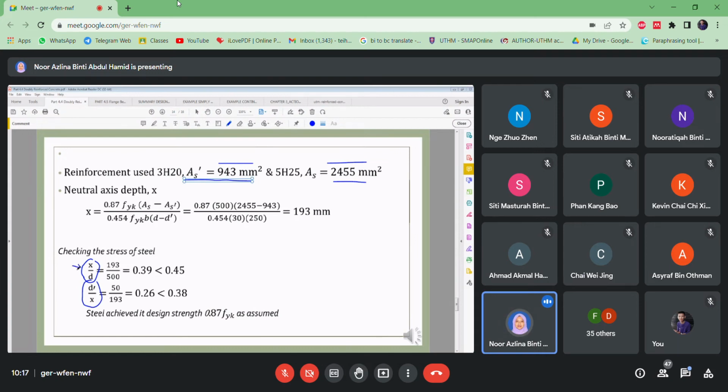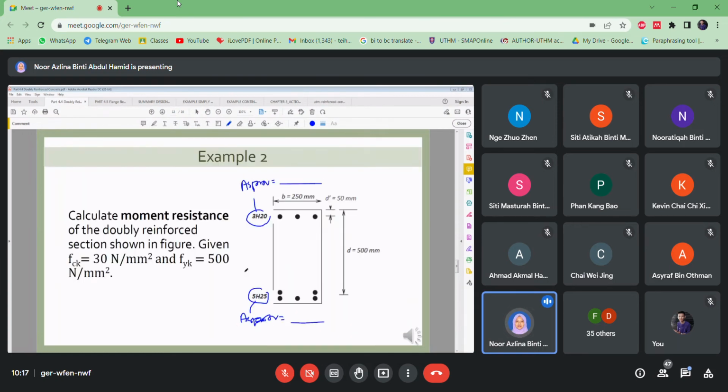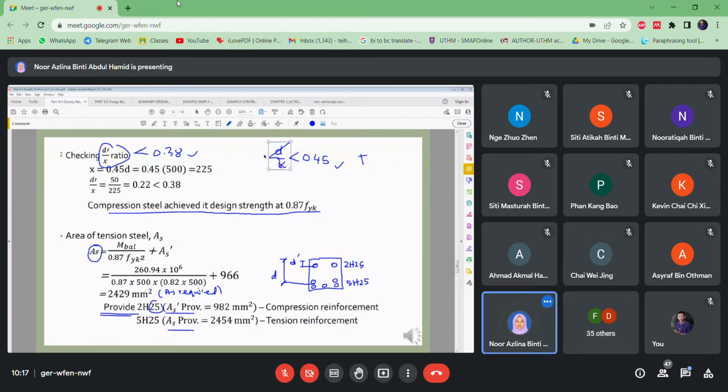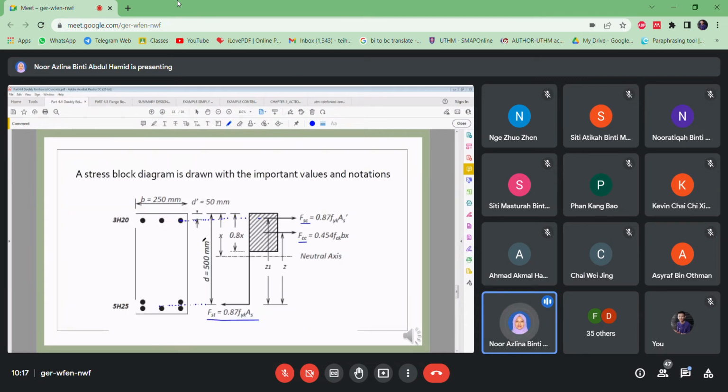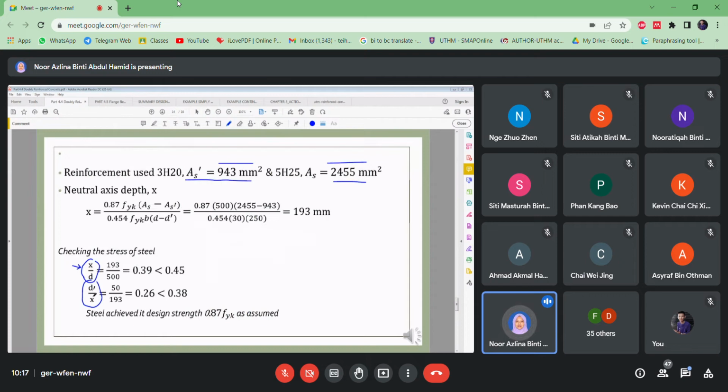Okay, yang ni tadi terbalik. Should be x divided by d. Okay, you need to do the checking. Sebab the reinforcement kan, kena buat checking, sama ada still achieve the design strength or not.